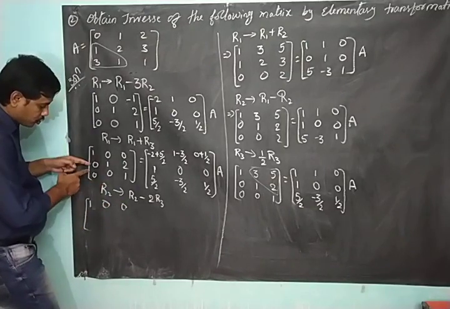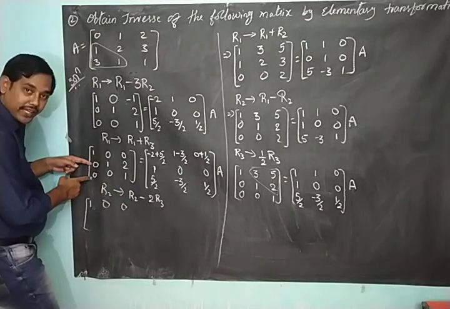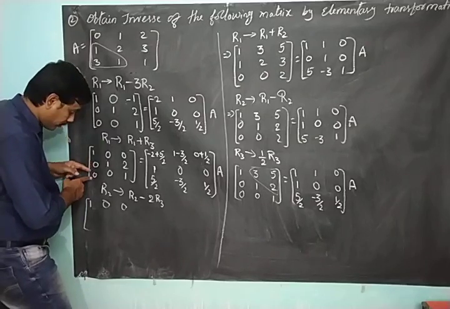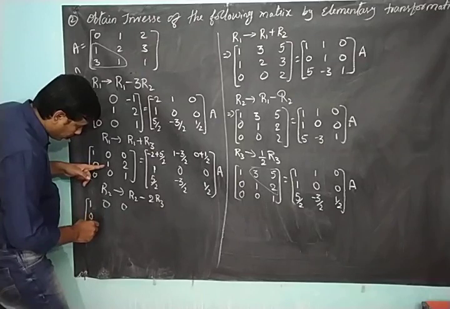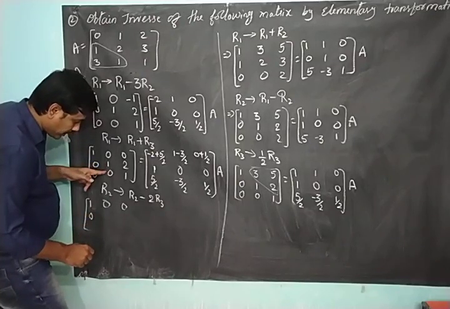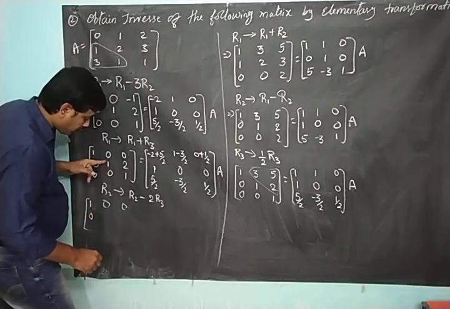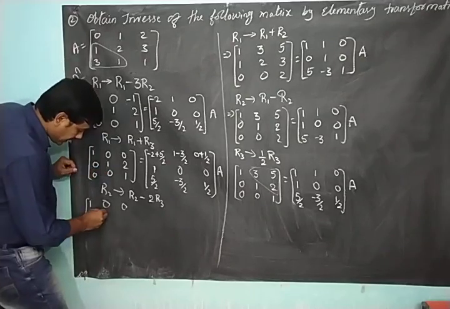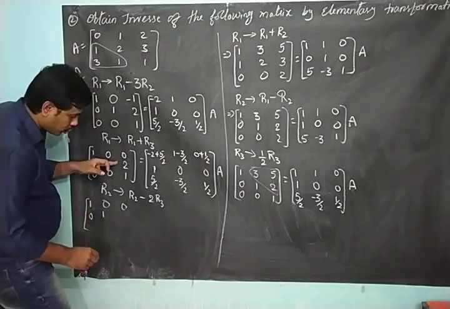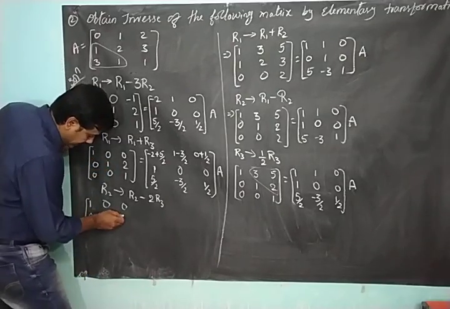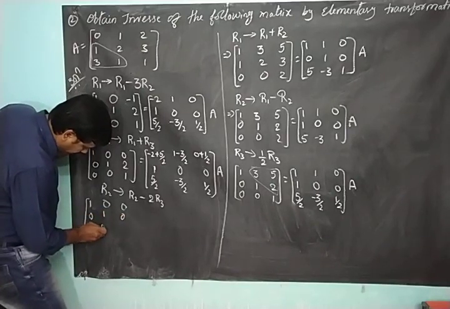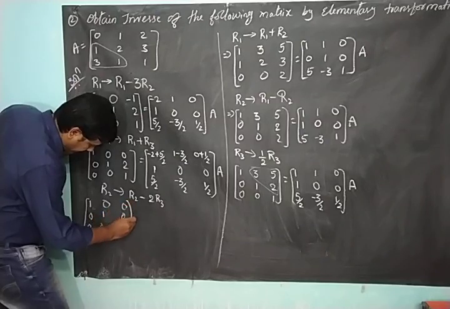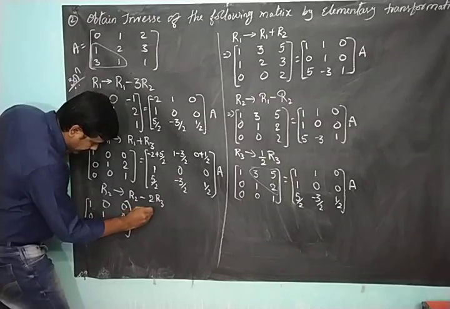And R2 minus 2R3: 0 minus 2 into 0, 0 minus 0 will be 0. 1 minus 2 into 0 will be 1. 2 minus 2 into 1 will be 0. This 0, 0, 1 will remain as it is.